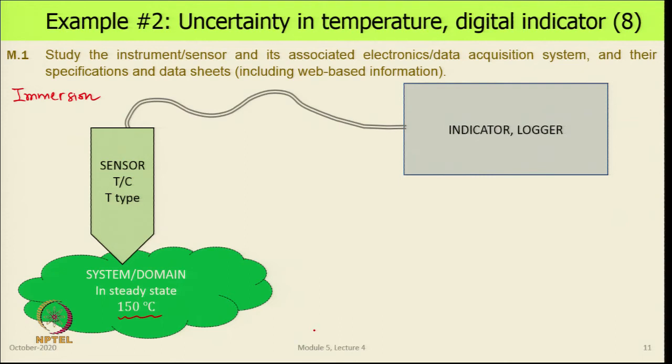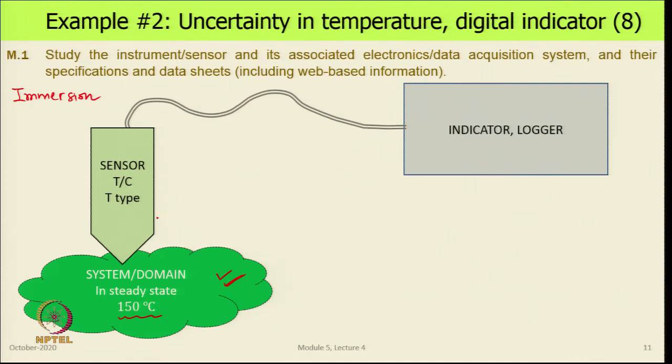So what is the environment in which they can be immersed, what is the pressure and temperature, and what is the chemical composition of that environment, all of that will come over here. We will use a T type thermocouple sensor and take its wires and connect it to an indicator or logger that we saw in one of these pictures.